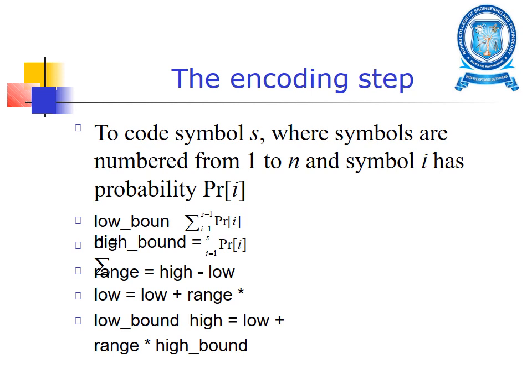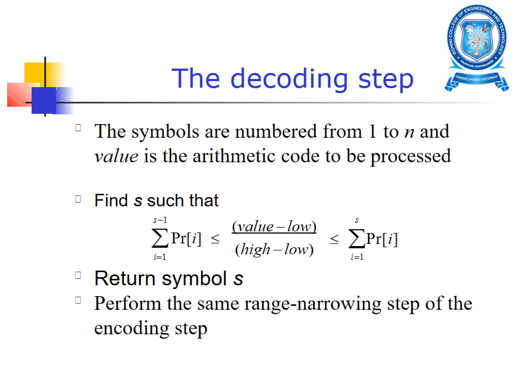Okay, so next, decoding steps. Since we are numbering the symbols from 1 to n, the value is the arithmetic code that has to be processed. So we have to find the value of s.